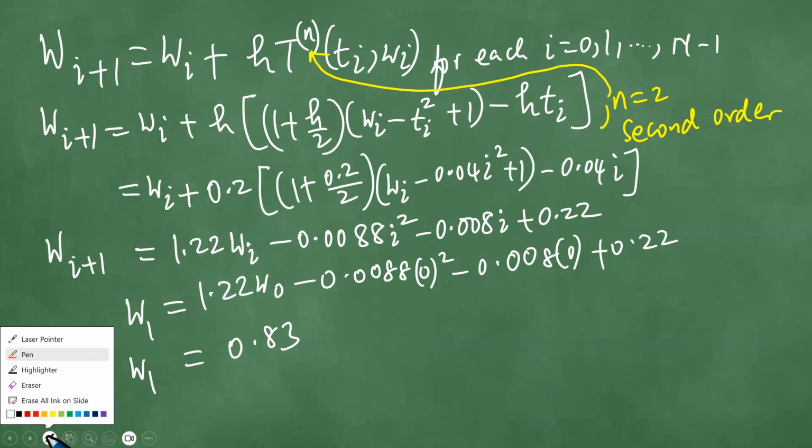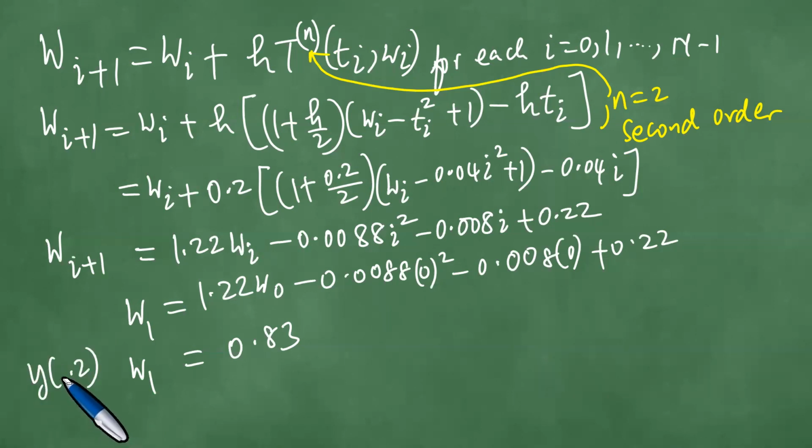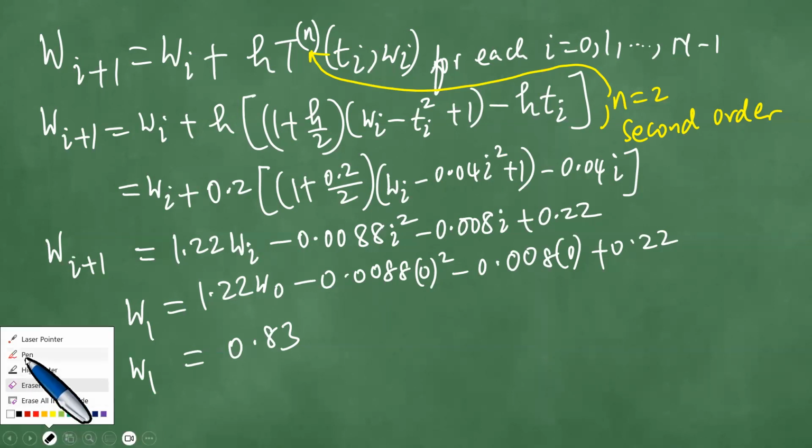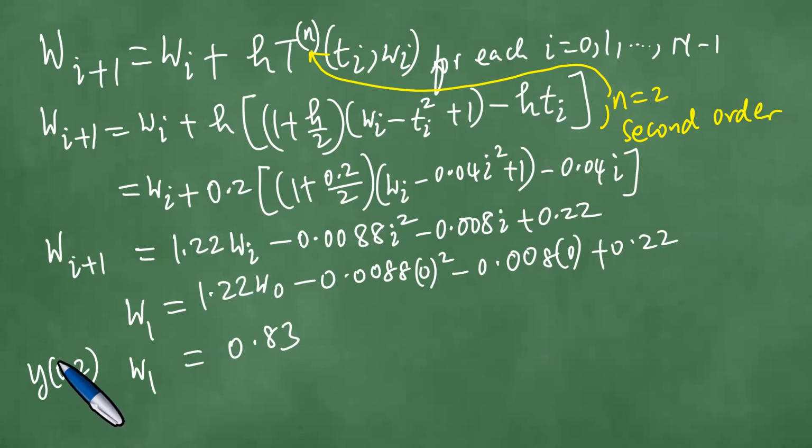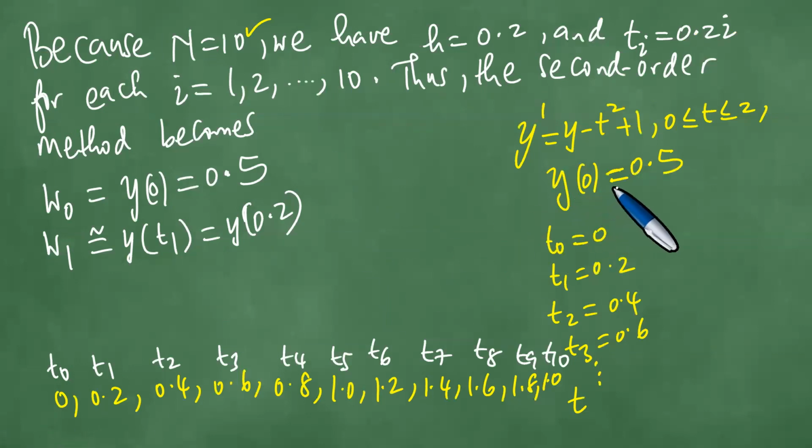Okay, let's look at this one here. So we have this. The Y02 is W1, which is this. W1 because it says 02, because W0 we know is the initial value, which is 0.5.